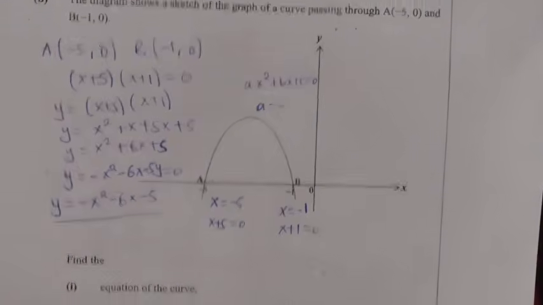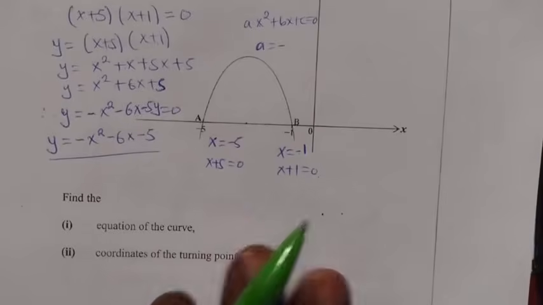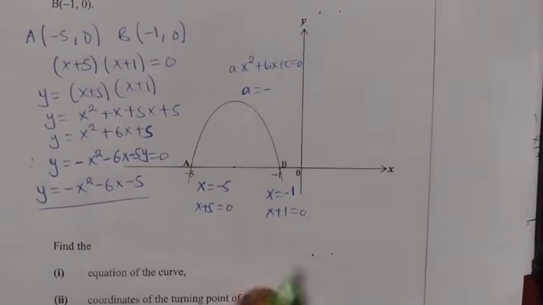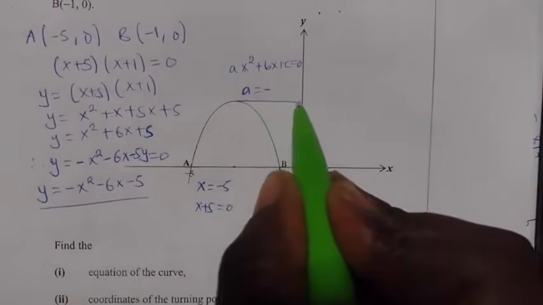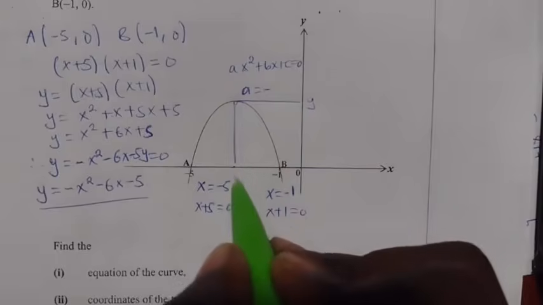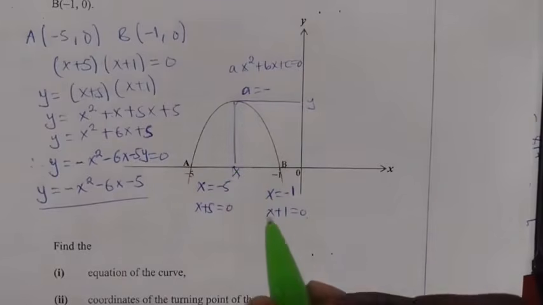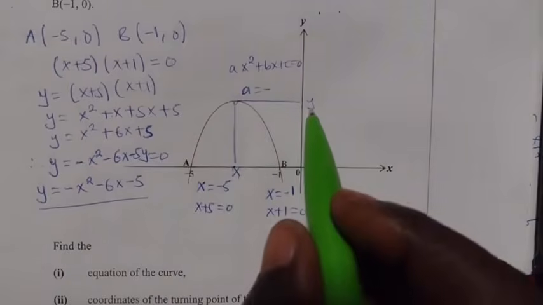Now let us answer our question 2. Question 2 reads, find the coordinates of the turning point of the graph. The coordinates of the turning point means we need the x value and the y value.